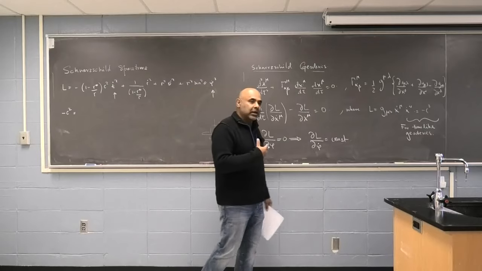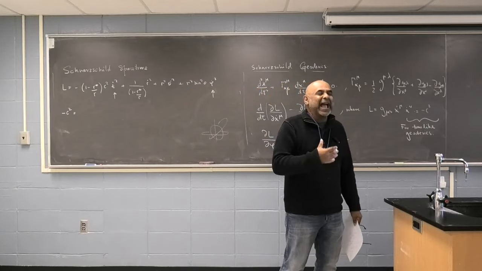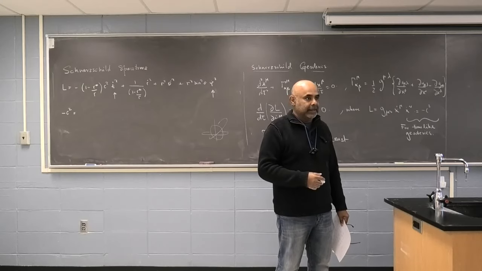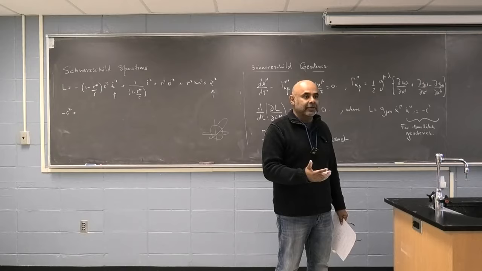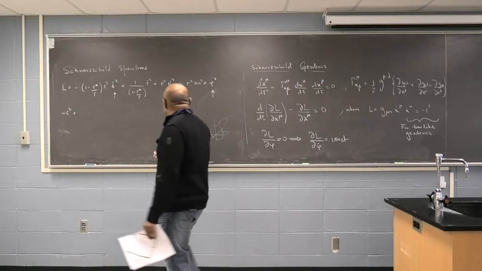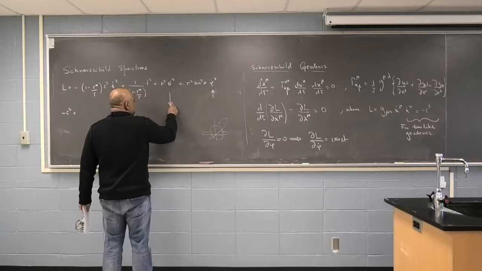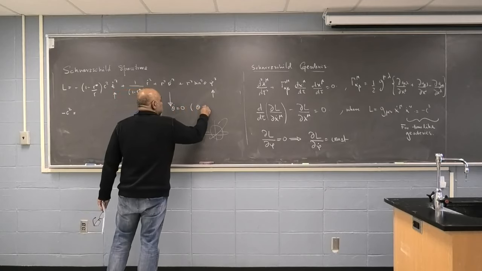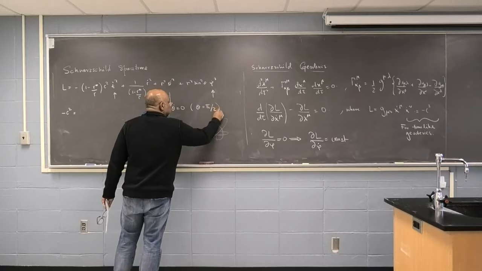So if I'm going to study equations, I know planets move in a certain plane. So I'll pick the most convenient plane there is. What is the most convenient plane? The equator. Yeah, the equator. So then I'm going to set r theta dot equals 0 because I'm setting theta equals pi over 2.